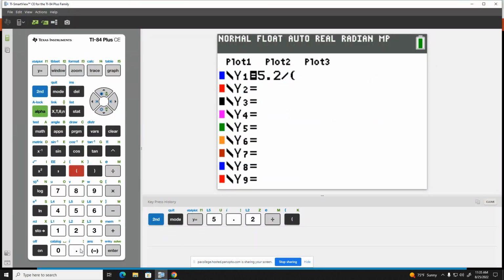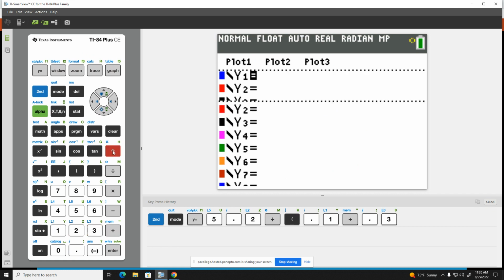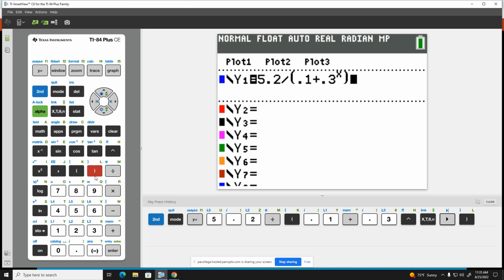So 0.1 plus 0.3 caret key, and instead of t, I'm typing x because I'm on my calculator, and then I'm going to need to get out of my exponent notation and my parentheses. So that's the formula.